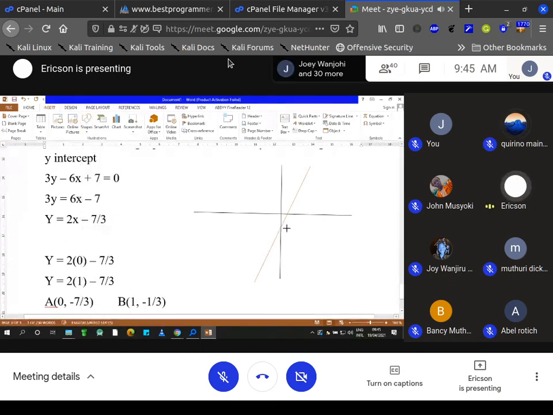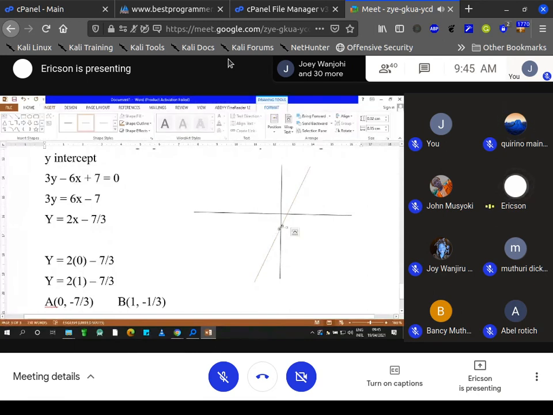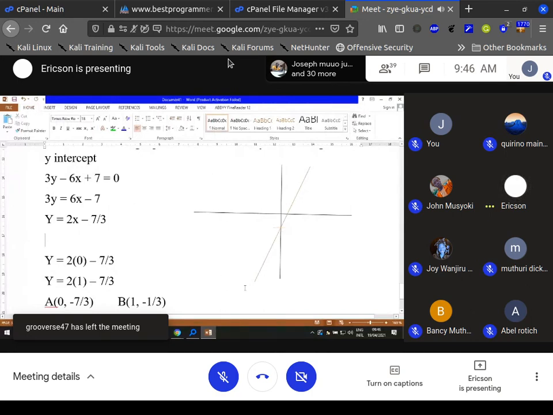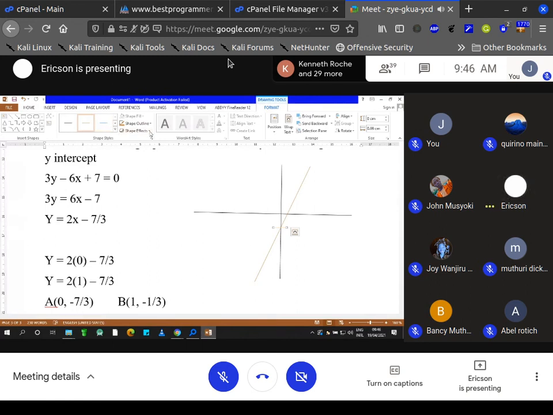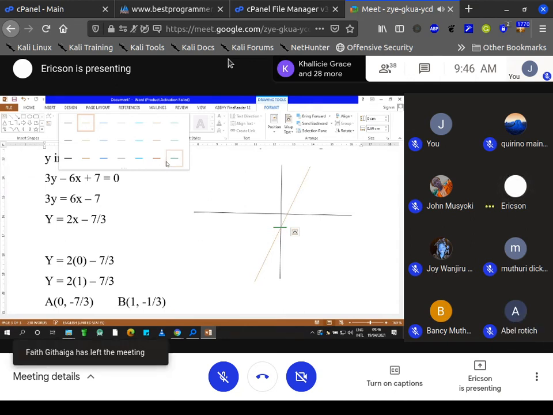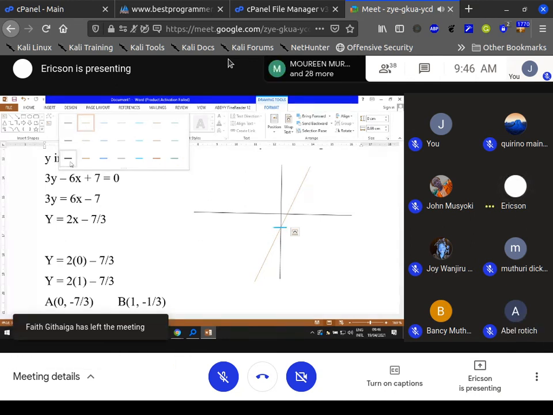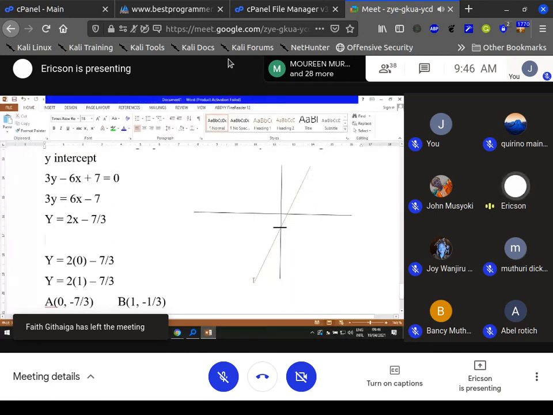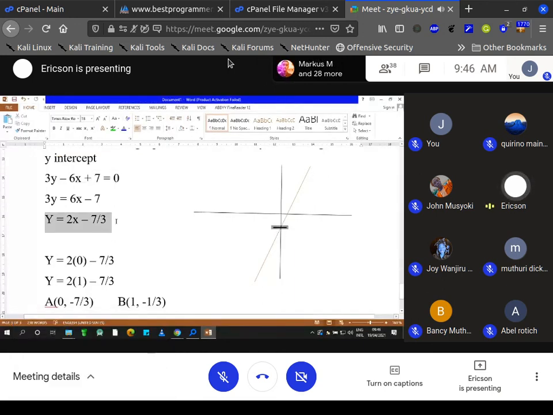So yes, that point where the line, maybe I can change the color of this. I don't know which color is quite visible. This point where the line y equals negative 7 over 3 cuts the y-axis, that is what we call the y-intercept.